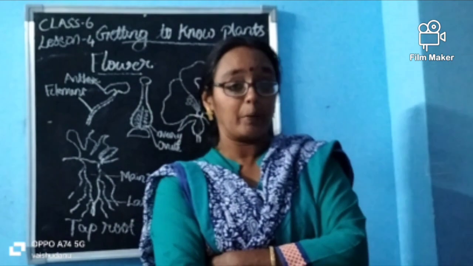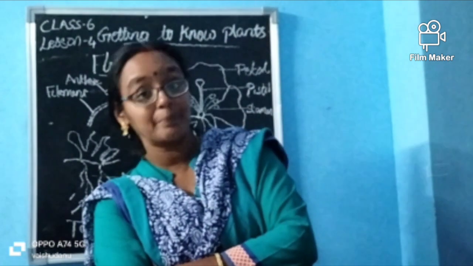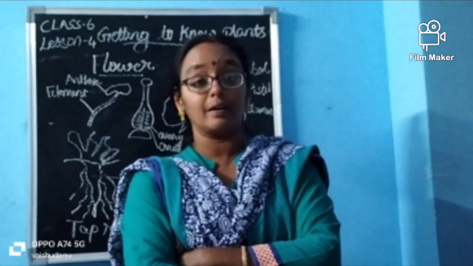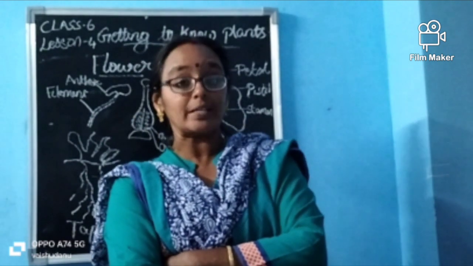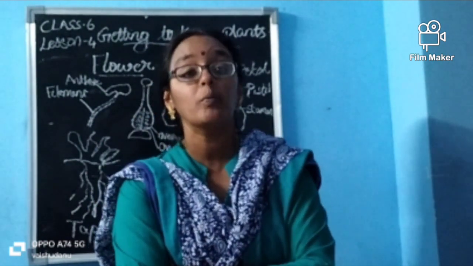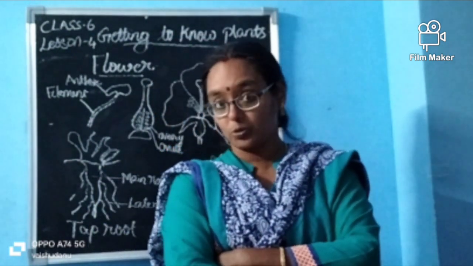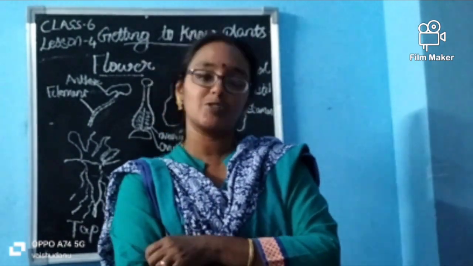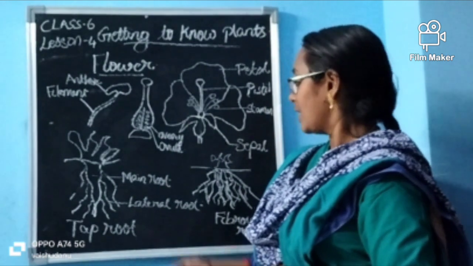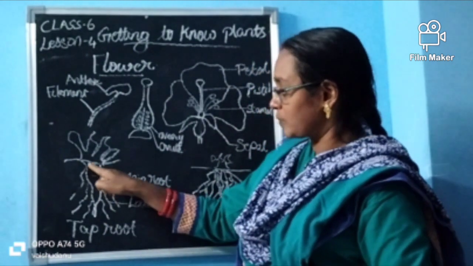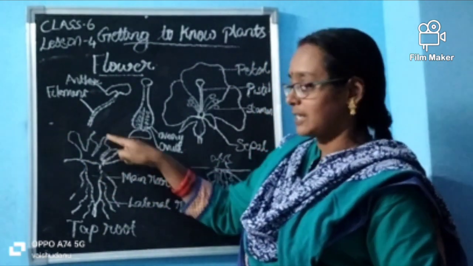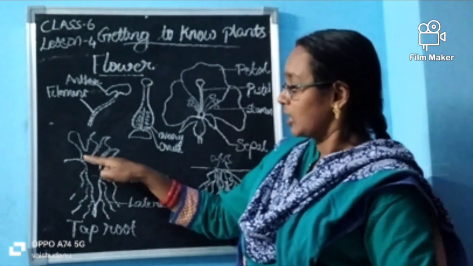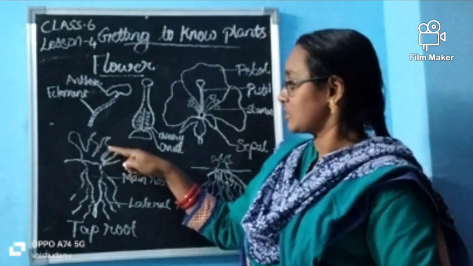We have talked about the leaf, we have talked about the stem. All this we have told. Now we are moving to see the roots. I told you that also. The roots are of two types: taproot as well as fibrous roots. See, this is the taproot system. This is the flower, this is the leaf, the shoot system we have said.